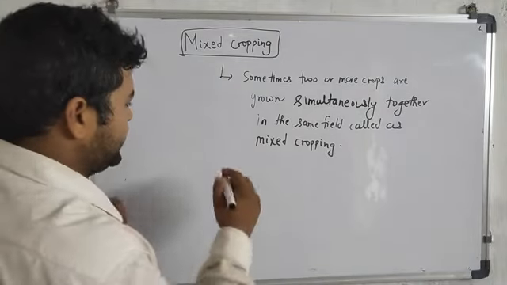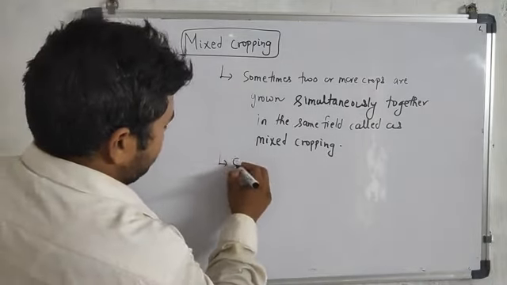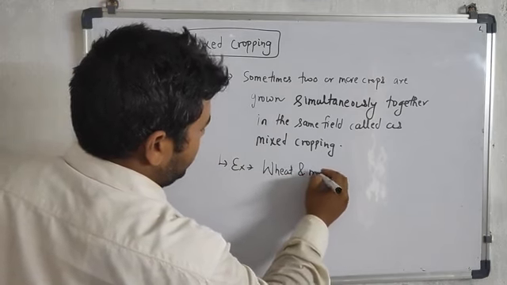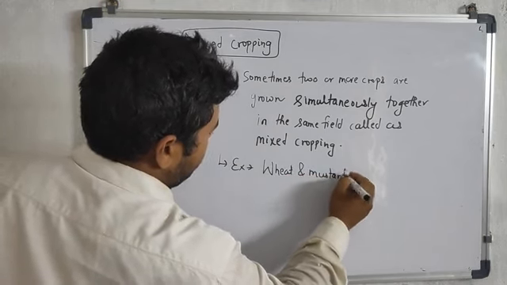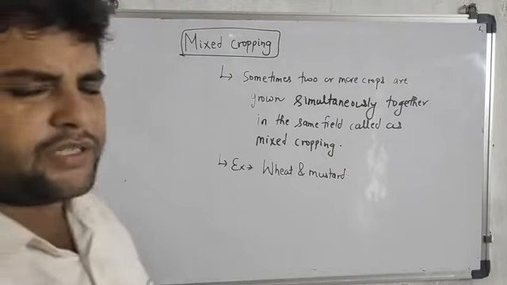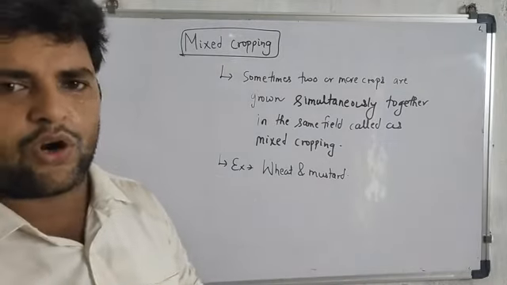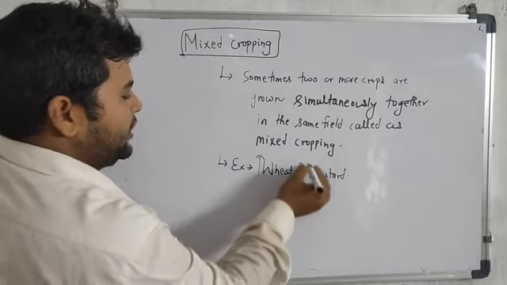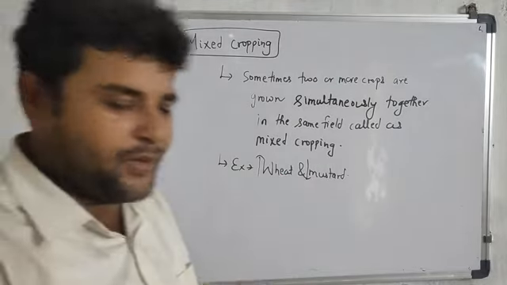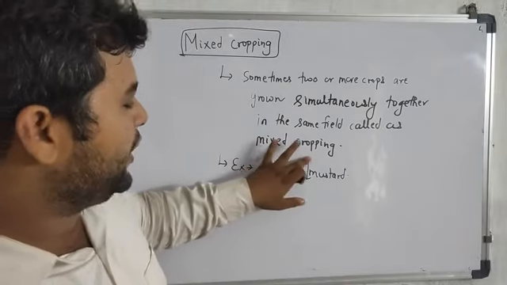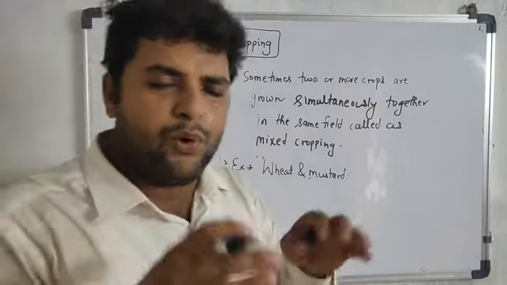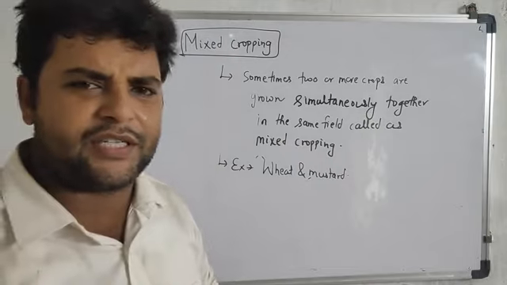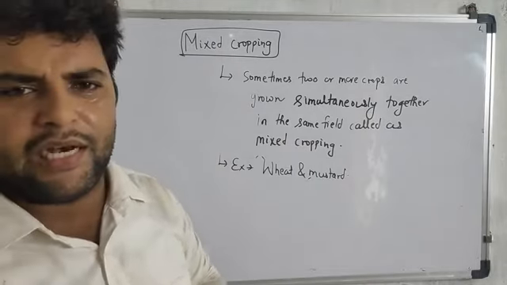Then what are the examples of mixed cropping? There will be wheat and mustard. As we have already discussed, wheat is a cereal crop, mustard is a legume crop, and one is taking nitrogen, another is supplying nitrogen. There is an equilibrium. So wheat and mustard, during the winter season, have you ever seen the land?